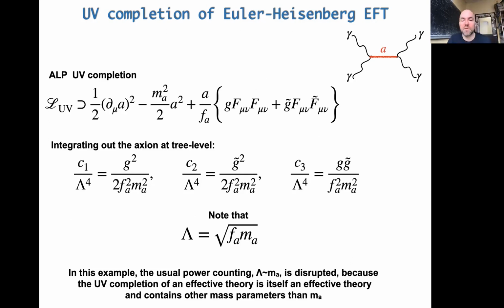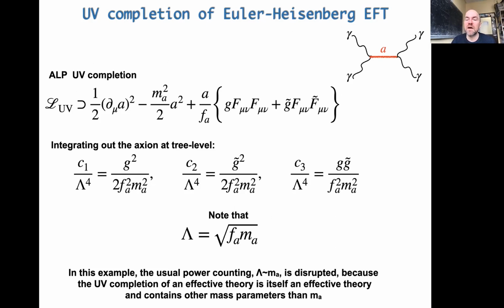But this is not the only possibility. So we know, of course, we have electrons, so this contribution does exist, but there can be other contributions. For example, we can have axions. Axions do couple to photons in a typical theory, and they can be exchanged between the photons.